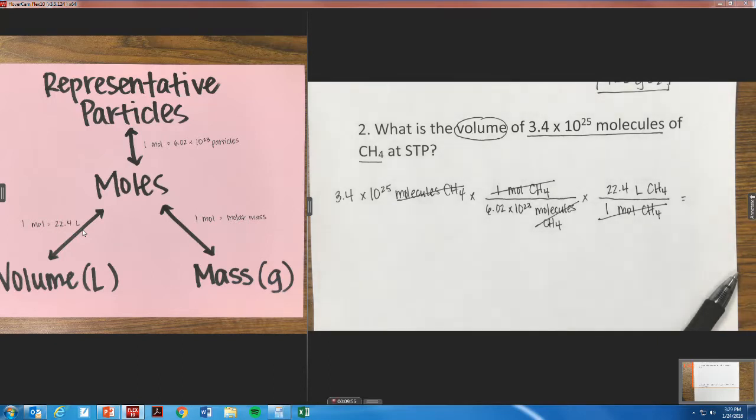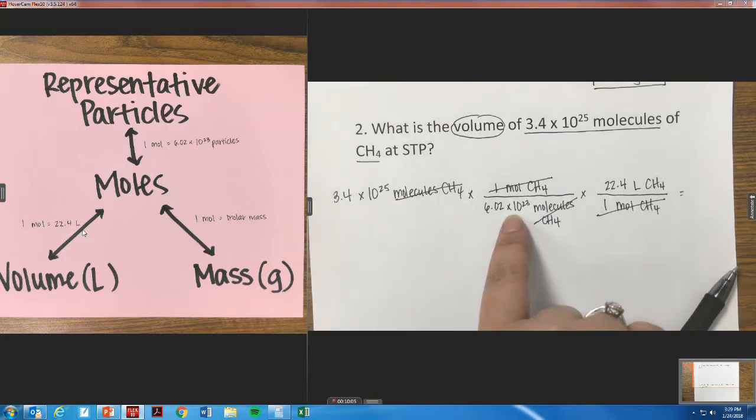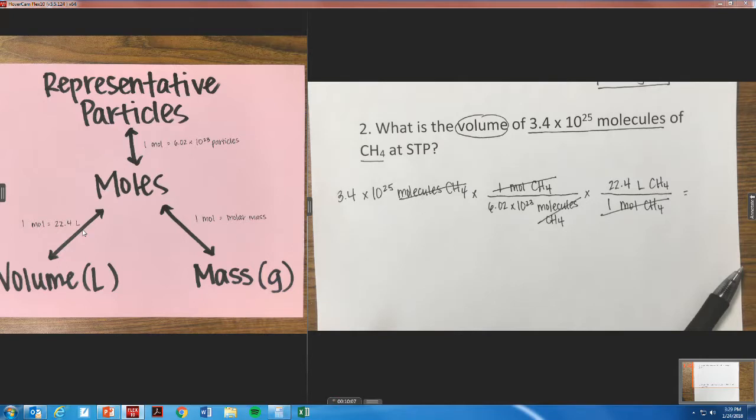If you want to try to figure this out on your own, I do recommend that, because calculating scientific notation in your calculator is a bit of a problem for you guys. So go ahead and pause the video, pull out a calculator, and try to calculate this on your own. But I will go ahead and show you how to use your calculator.